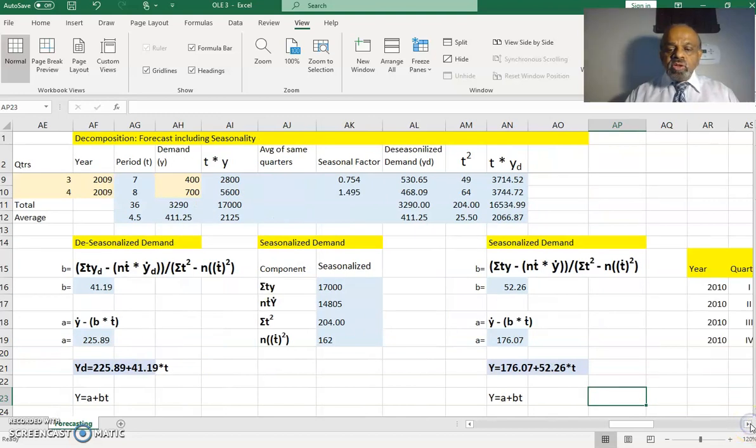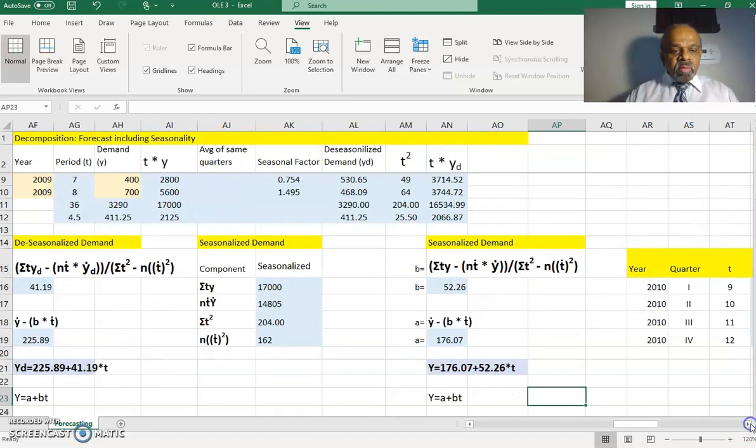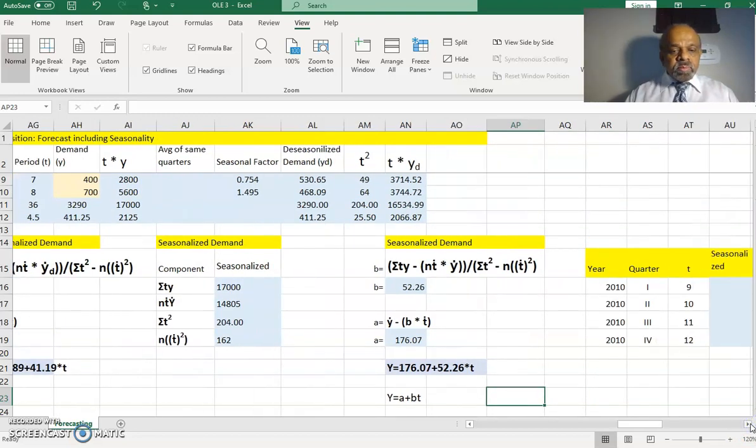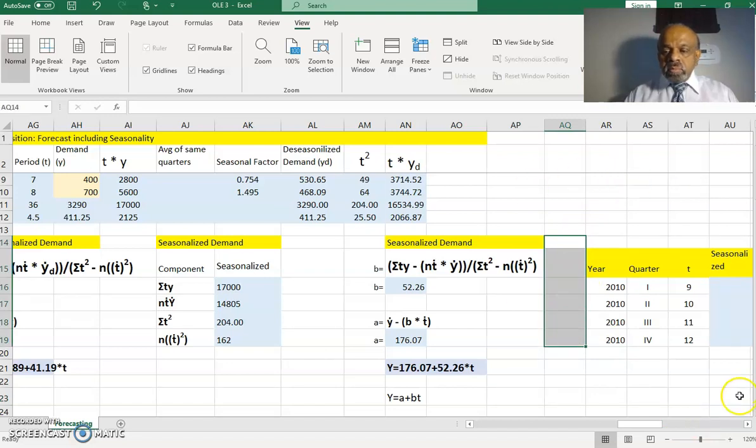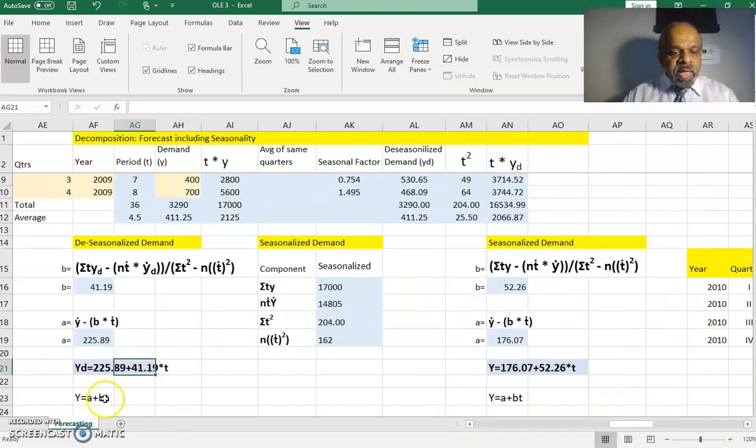Now I should be able to calculate the final answers. So I'm going to copy this here so it'll be easy for me, so you guys can see it.